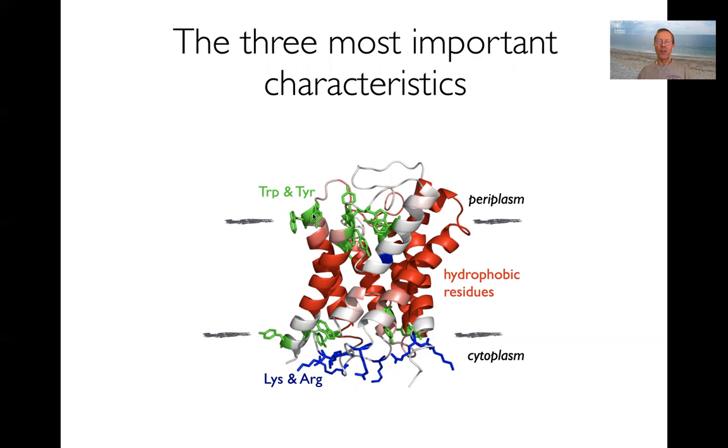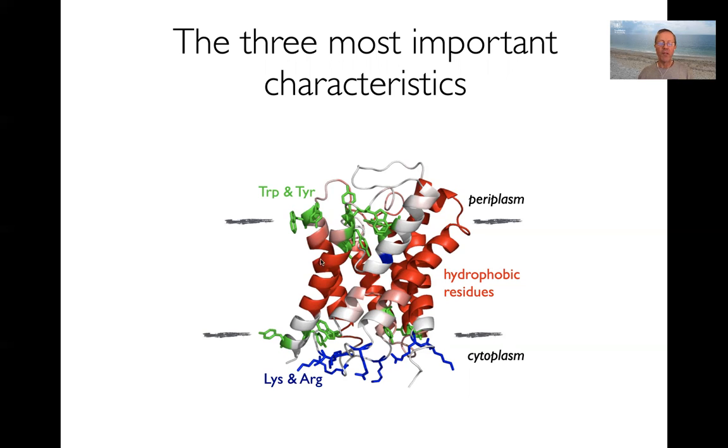And this you can see in this example, which is, in fact, I think the same water channel protein that we looked at in the molecular dynamics simulation. You see that really the tryptophans and tyrosines are definitely concentrated in this lipid head group region.